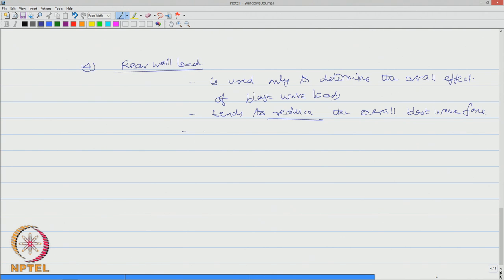It is important to note that blast wave loads are direction dependent and no parallel directions are considered simultaneously.